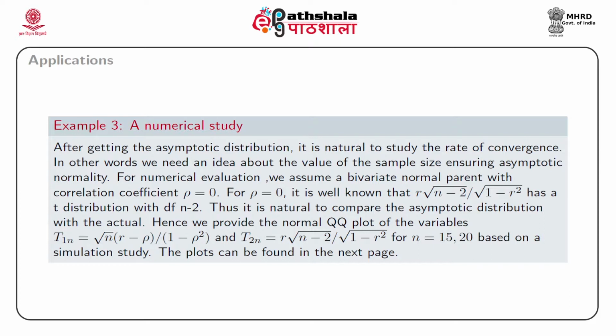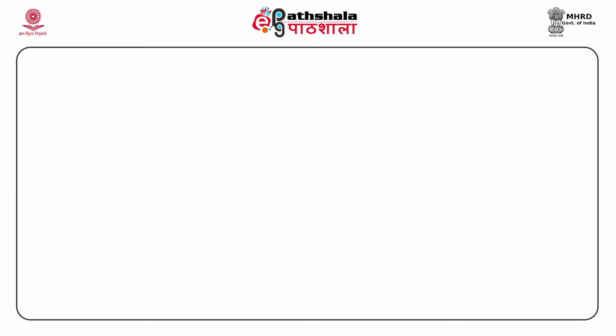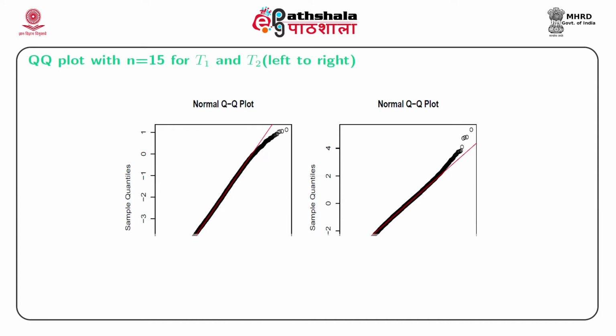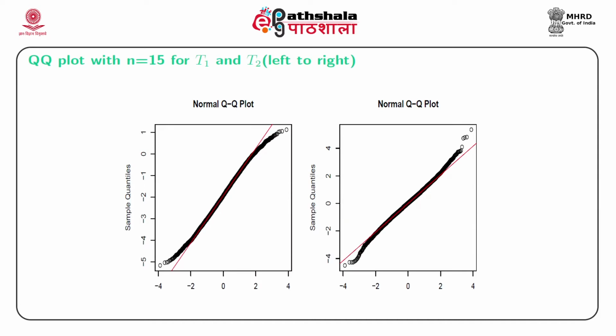Actually, we have standardized our large sample variable and kept it in t1n. Now we shall obtain the QQ plot for n equal to 15, 20 and different values of n based on a simulation study, and the plots can be found in the next page.